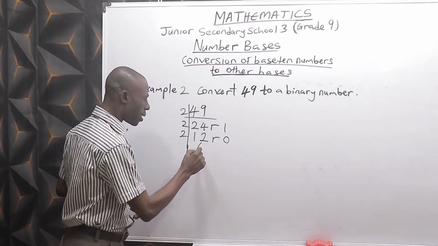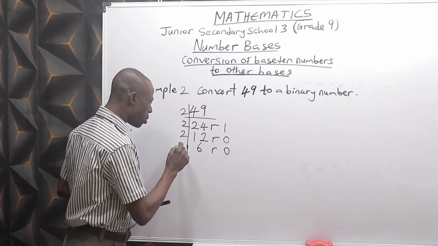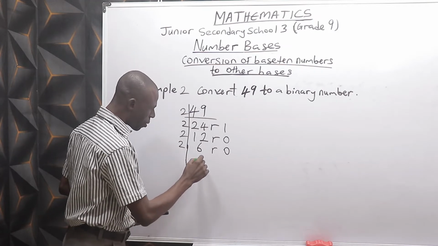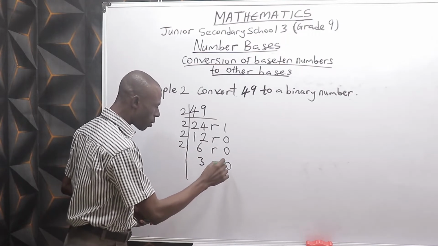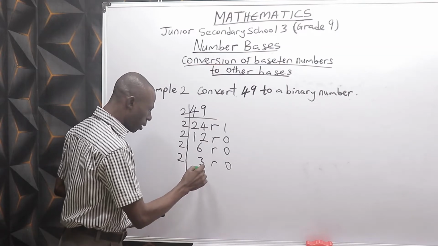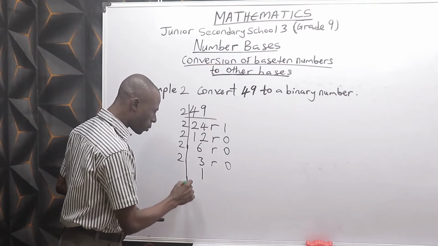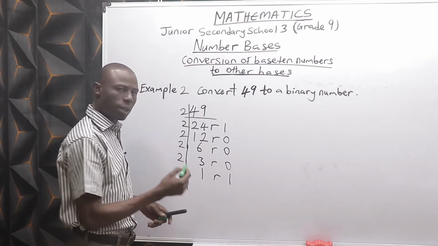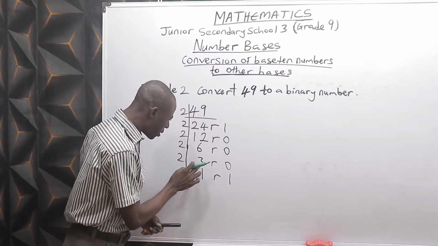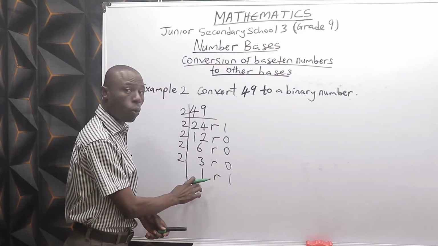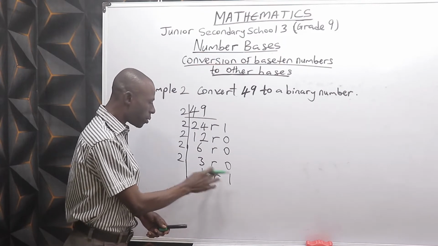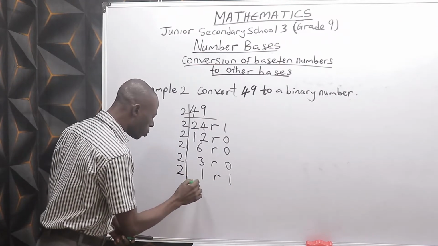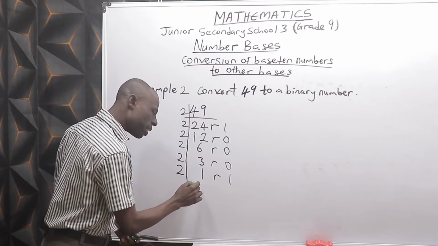2 in 12, that's 6, remains 0. 2 in 6 is 3, remainder 0. 2 in 3, we have 1, remainder 1. That is, we can have 2 in 3 one time, and it remains 1. 2 in 1 is not possible.